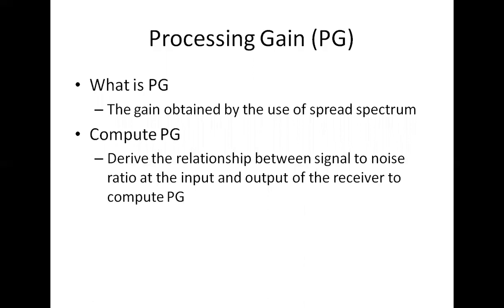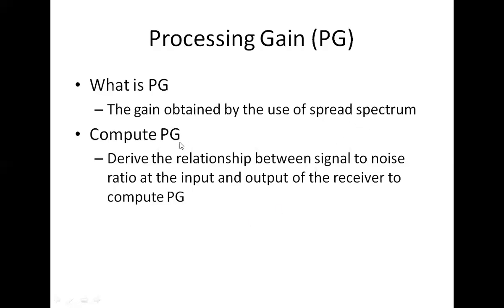So what is the advantage in doing this? We know that it helps us in protecting the data from the jammer signal. In addition to that, we have some gain that is called processing gain. So this is, in short, PG, which is the gain obtained by the use of spreading and despreading action, or by the use of spread spectrum technique.